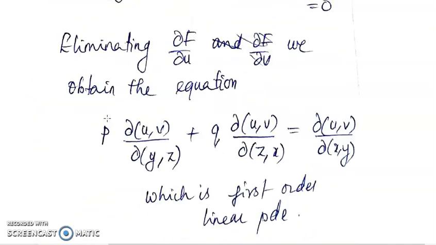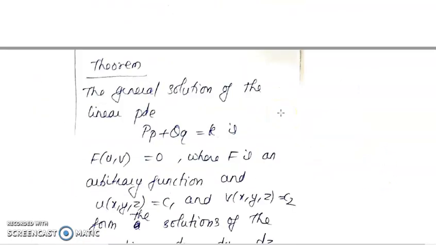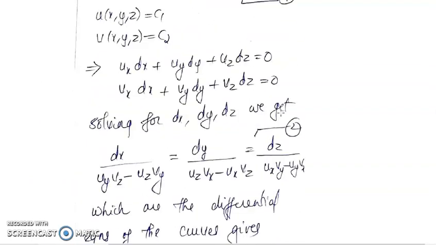So these are the same coefficients as in this equation. So if I am taking the equation, what actually comes is dx by P equals dy by Q equals dz by R. So if you solve this simultaneous equation, your solutions are going to be u equal to c1 and v equal to c2.